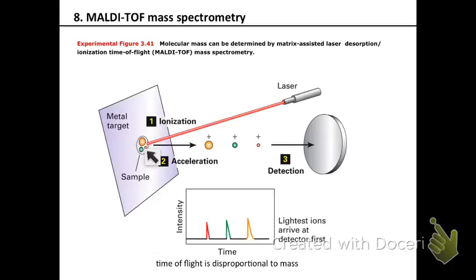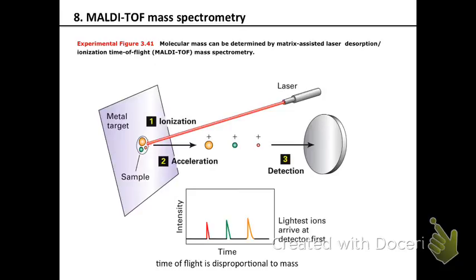So the charged ions accelerate over a magnetic field. And when they accelerate from the metal target to the detection plate here, right? So this is the detector. So this is called matrix-associated laser desorption ionization time-of-flight, MALDI-TOF mass spectrometry.